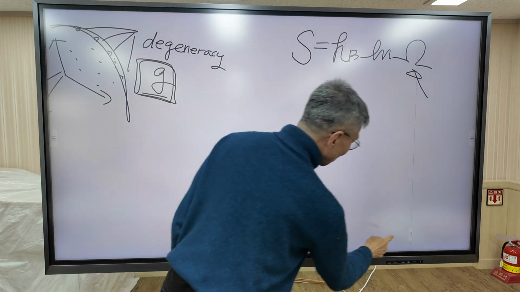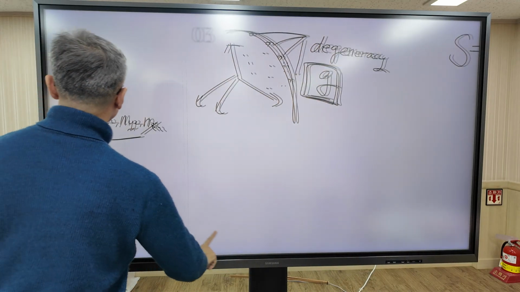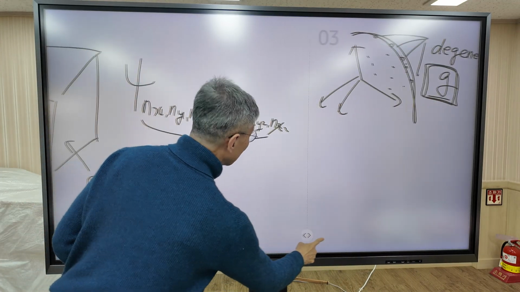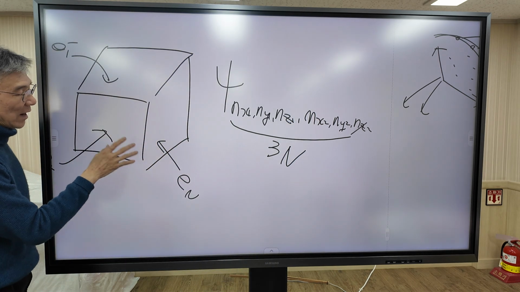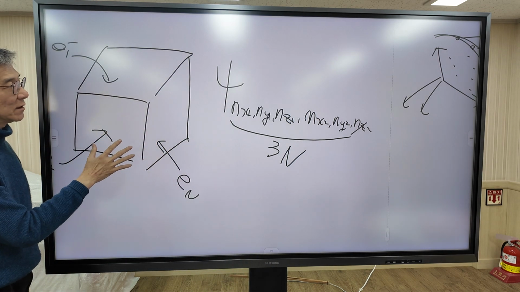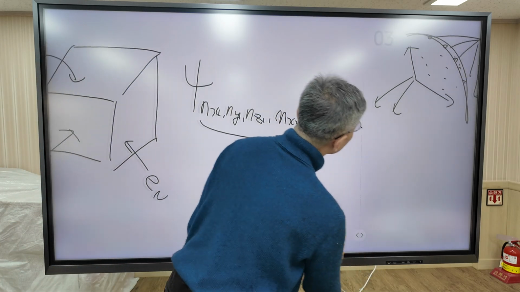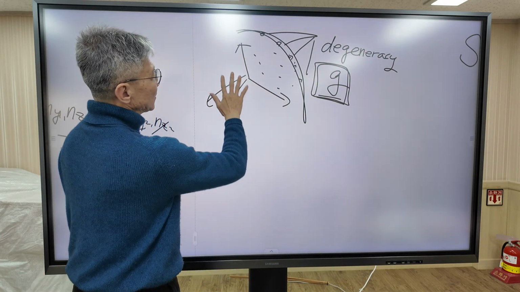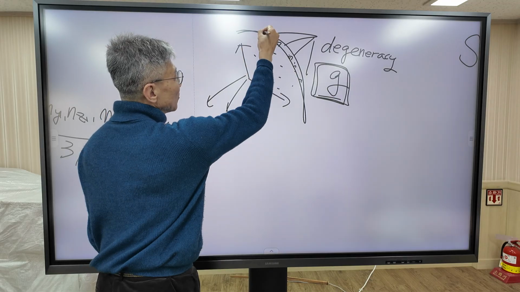Now we have a box, and in the box there are n particles, and the quantum mechanical state is displayed in the 3n-dimensional space.